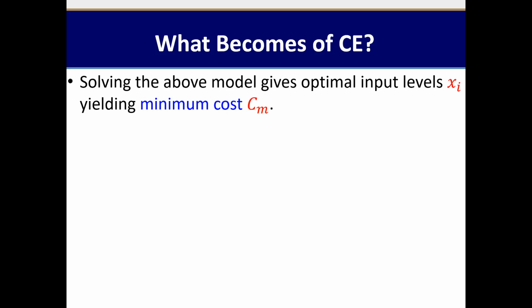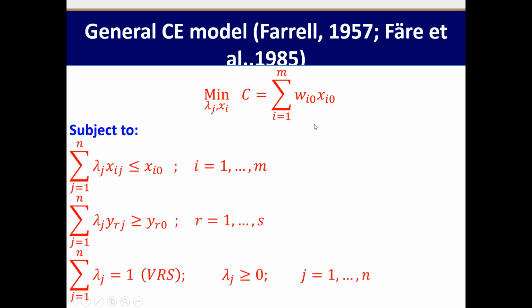But of course, did I say it becomes the actual cost? It becomes the minimum cost. Sorry. It becomes the minimum cost for the industry. And so if you solve the model, you're going to get that minimum cost. Because the actual cost of this firm, you can calculate it.